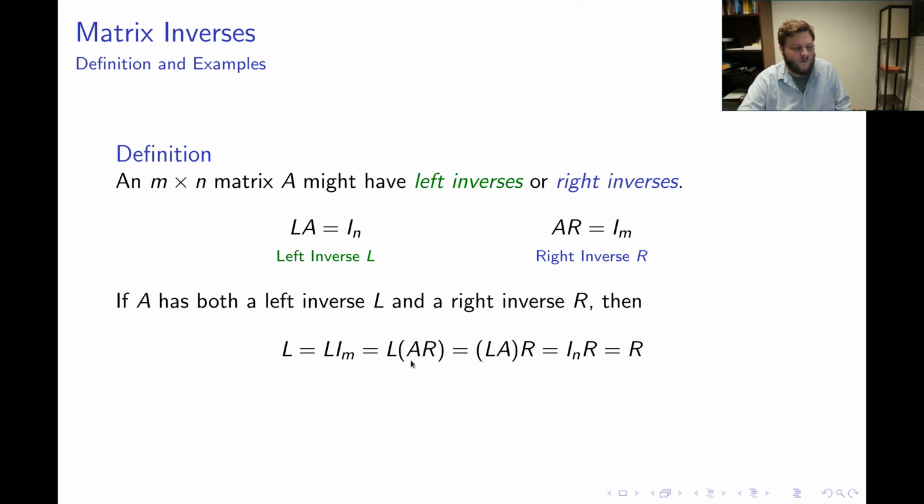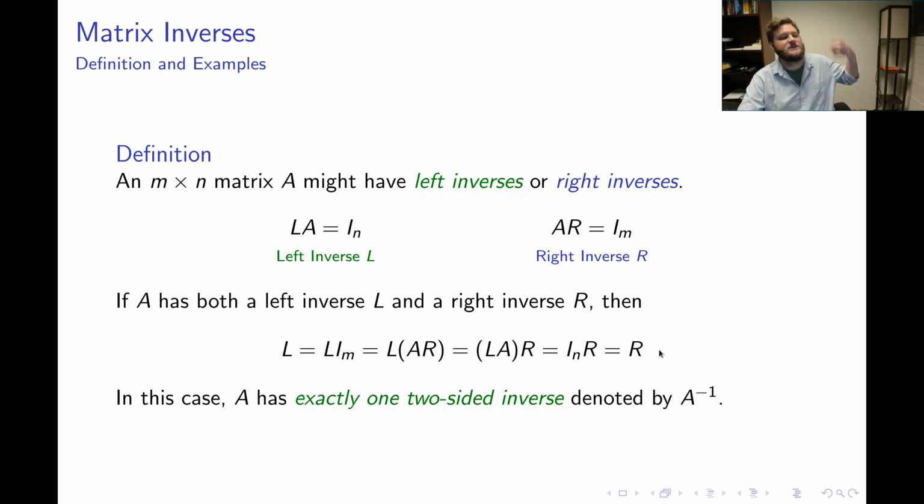And I can regroup my parentheses here, and this would give me the expression L times A times R. But if L is a left inverse, that means L times A is the N by N identity matrix. And so now I would be looking at the identity matrix times R, but that's just equal to R. So this is a sequence of equalities that says if we have both a left inverse and a right inverse, then L equals R. And this is guaranteed.